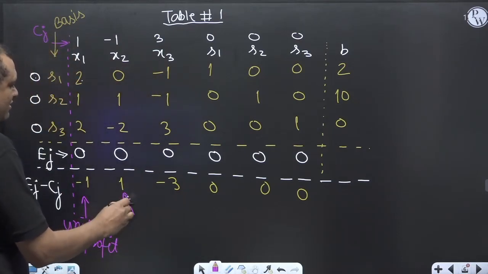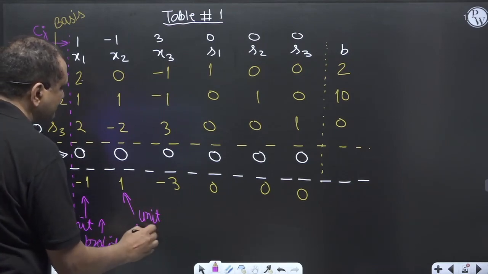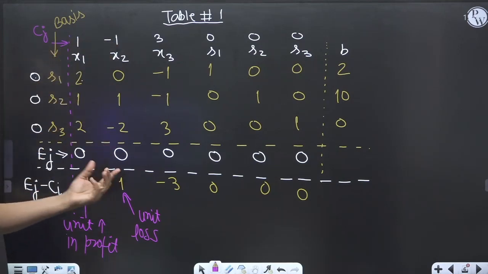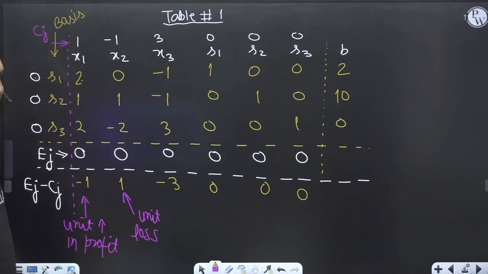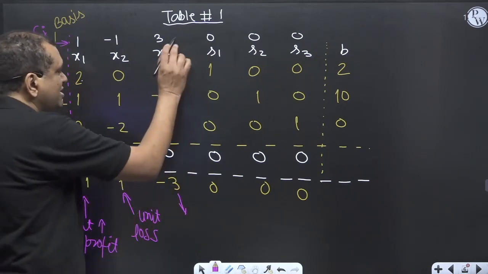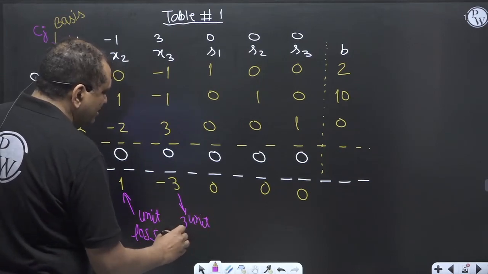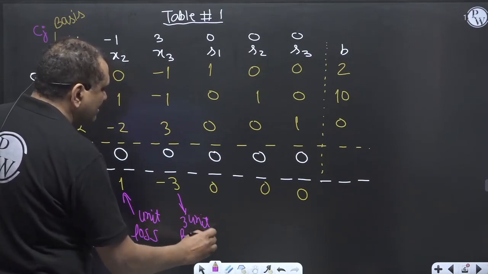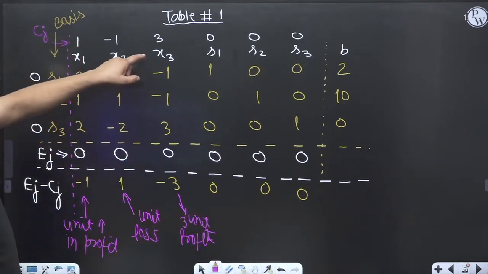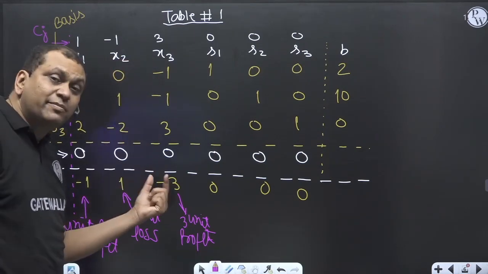Now this plus 1 means a unit loss: if you take a decision on variable x2, there is a unit loss. Minus 3 means if you take a decision on x3, there is a 3 unit profit.